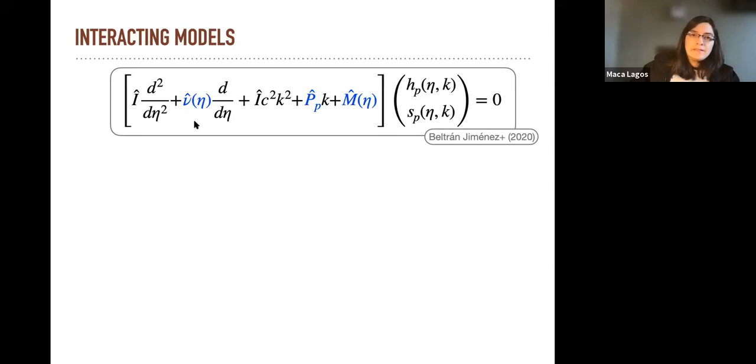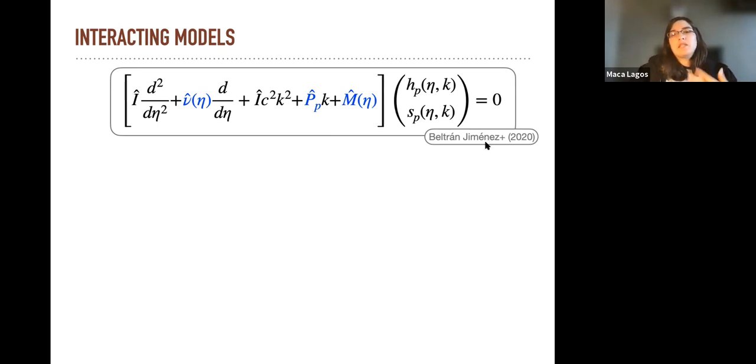And so this is the operator that determines our equations of motion, which we rewrite in this matrix form, and some terms that would make this equation deviate from the equation of motion of GR are highlighted here in blue. You could have other terms that I haven't written down here, but these are the ones that we actually analyze. A matrix equation of motion like this was already proposed in this paper.